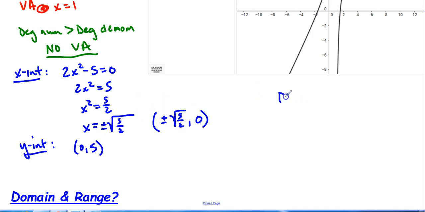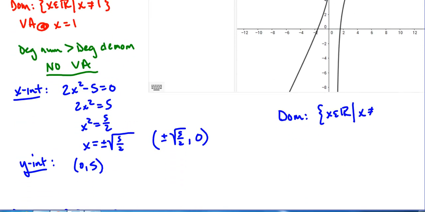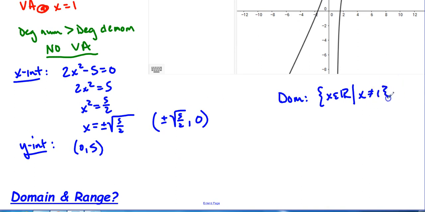So again, condense the information. My domain, x is in the reals, and I don't care if you guys initially just write this off to the side so you don't have to write it again. X can't be, what was it? X can't be 1 in this particular case. I've got a vertical asymptote at x equals 1. I've got a horizontal asymptote.